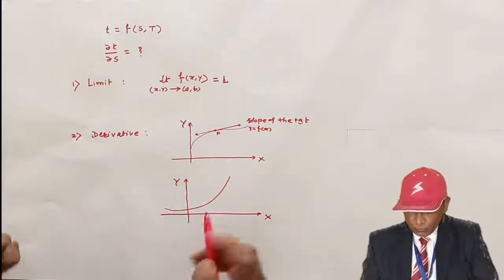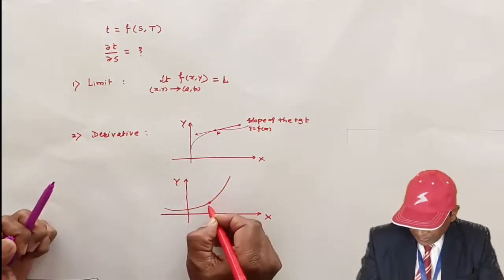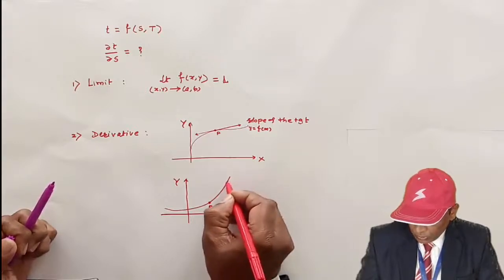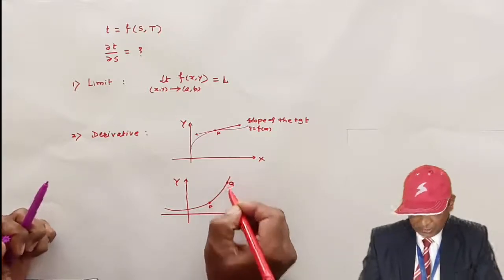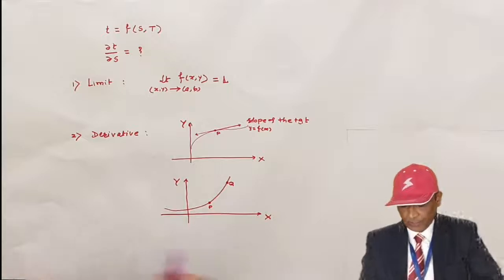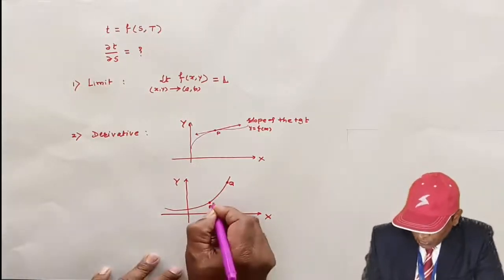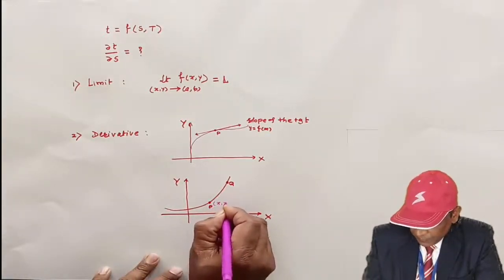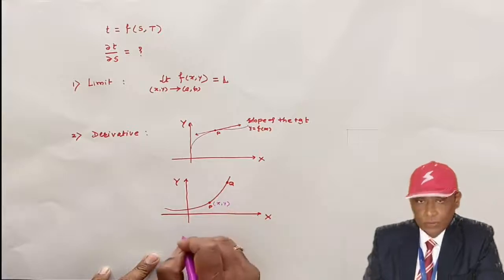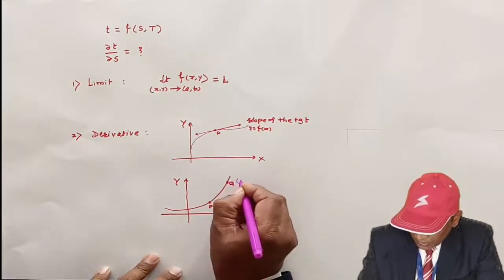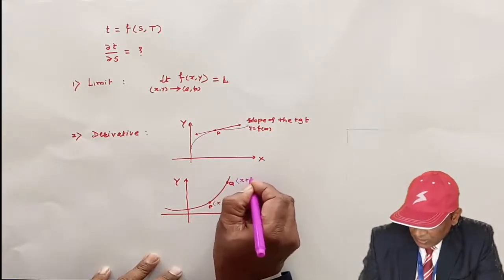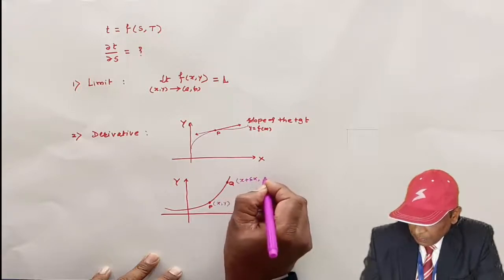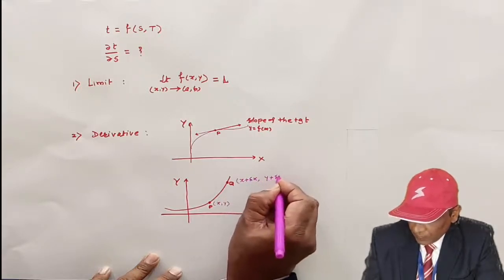And at these two points, point P and point Q, these two points are very close to each other. The coordinates of the points are (x, y) and (x plus delta x, y plus delta y).